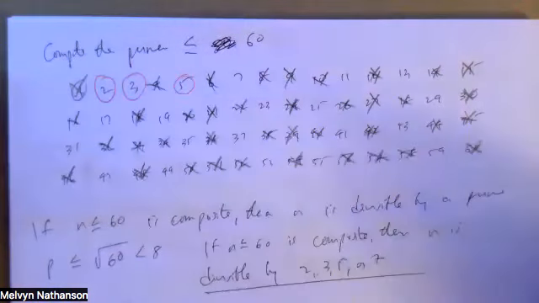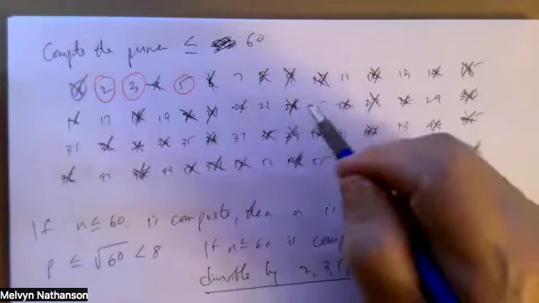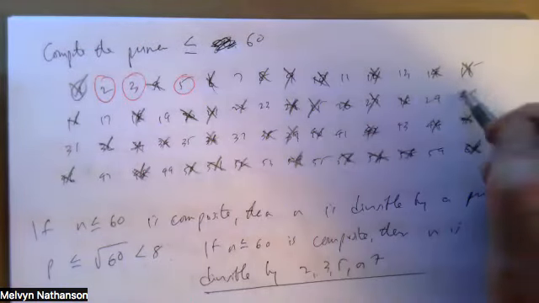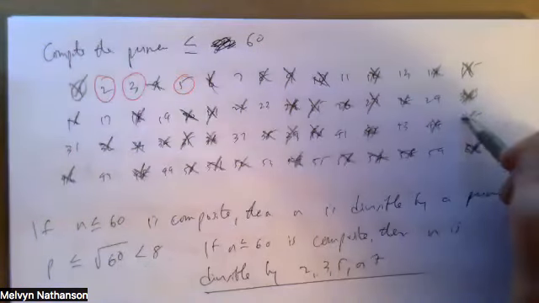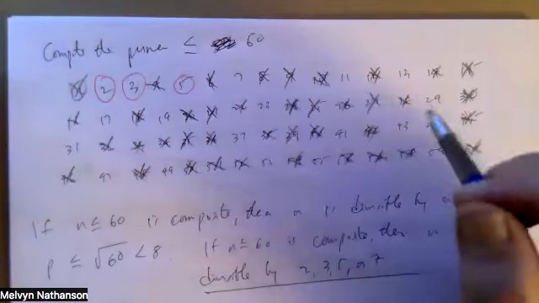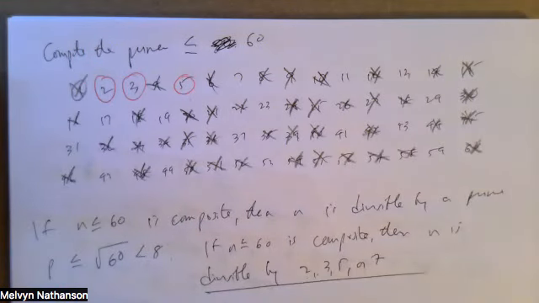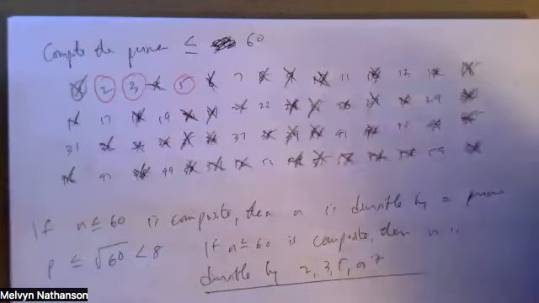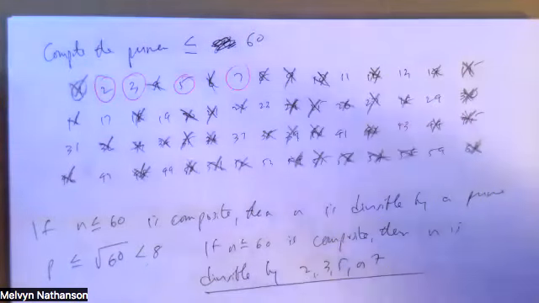The next number that's not crossed out is 5. That's a prime. But then I can cross out all the multiples of 5: 10, 15, 20, 25, 30, 35, 40, 45, 50, 55, 60. The next number that hasn't been crossed out is 7. That's a prime.